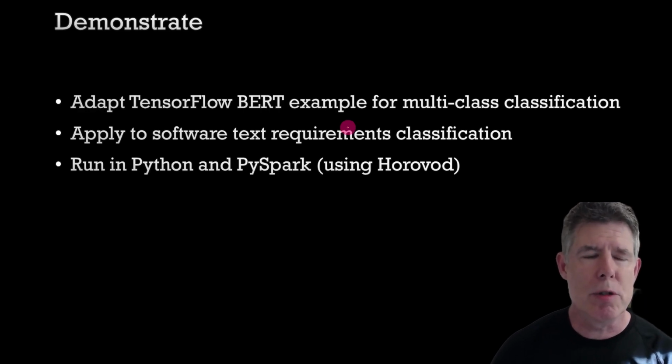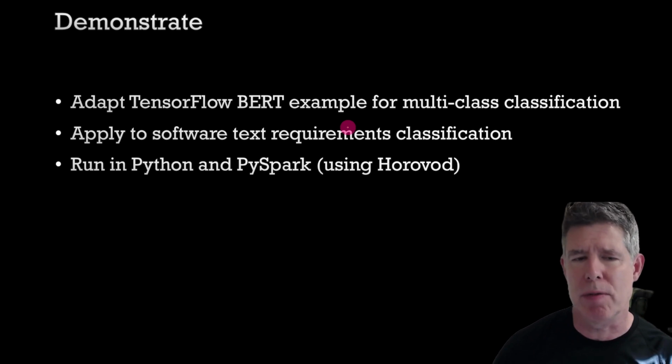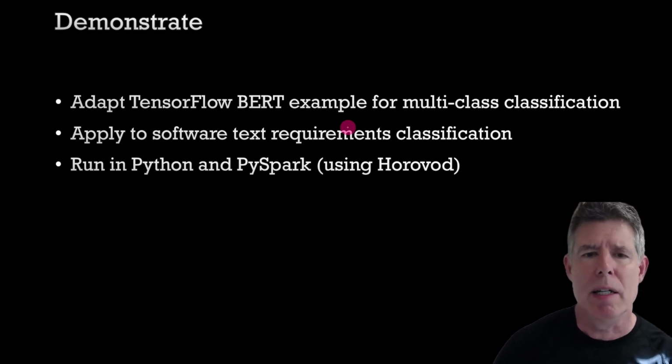So this is what I'm going to demonstrate. I'm going to demonstrate how to adapt TensorFlow BERT from a binary classification to multi-class classification. I'm going to apply the classification model to a problem where you classify text.